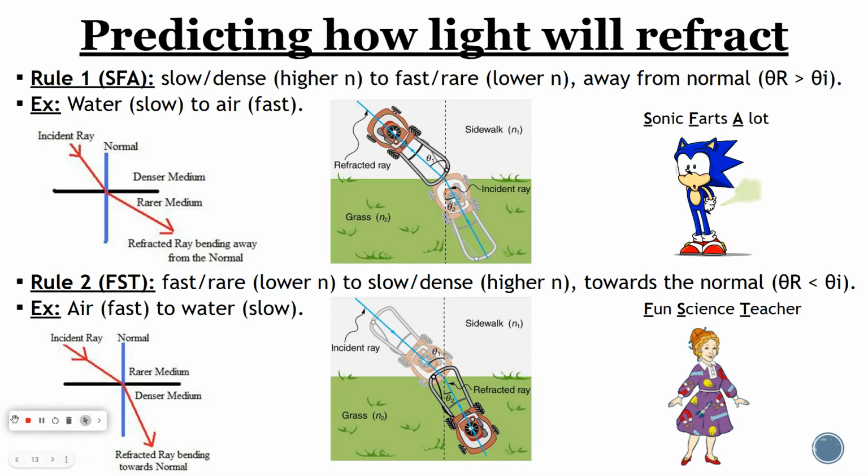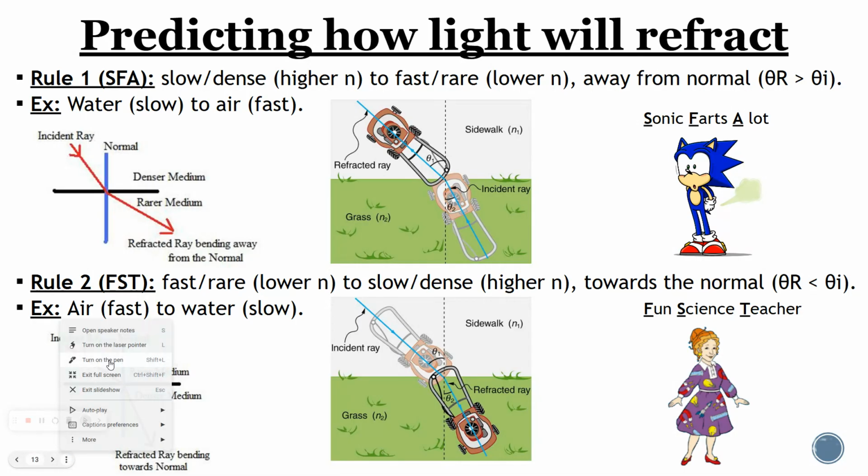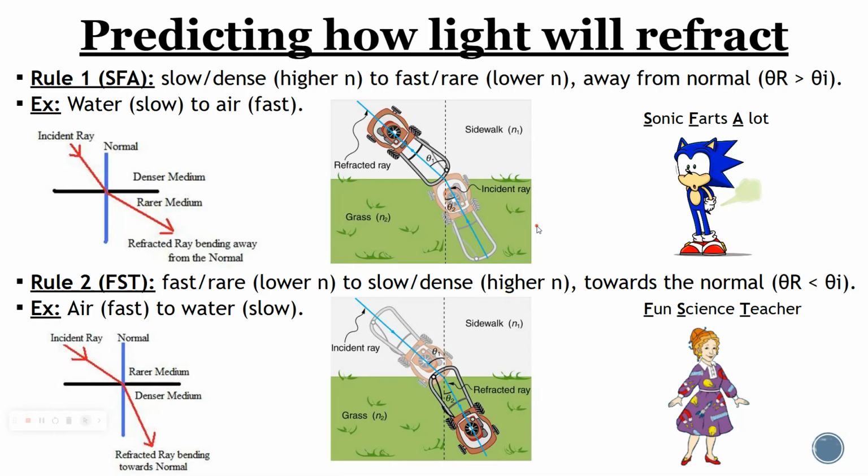So let's move this up here and get the pen on here. It looks like this refracted ray moved a little bit away from the normal. So this is our theta 2 and this is our theta 1. It looks like our theta 2 is larger than our theta 1, so we moved away from the normal.